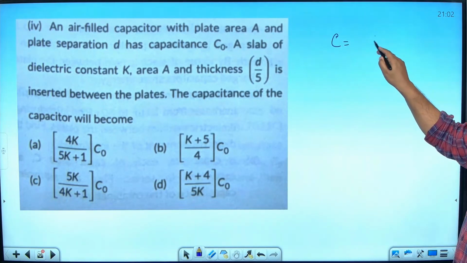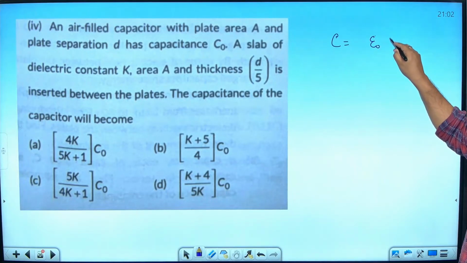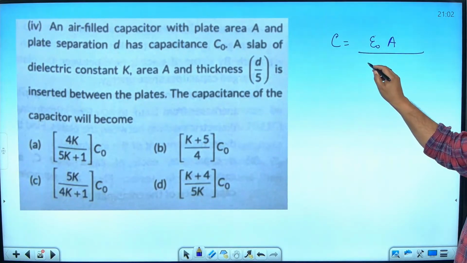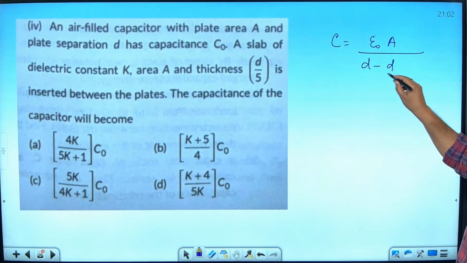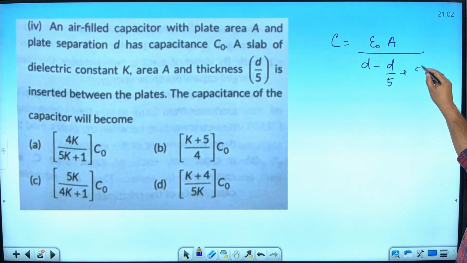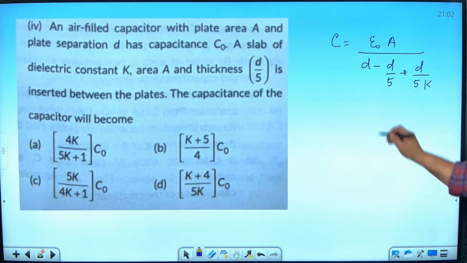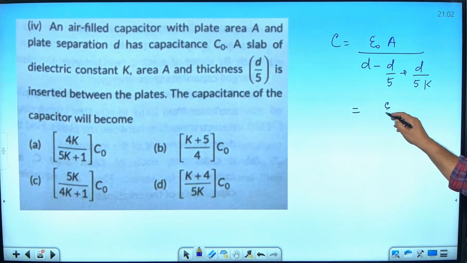C is equal to epsilon naught A by D minus D by 5 plus D by 5K will come here only, isn't it? So what is going to be common? D will be common below, right?